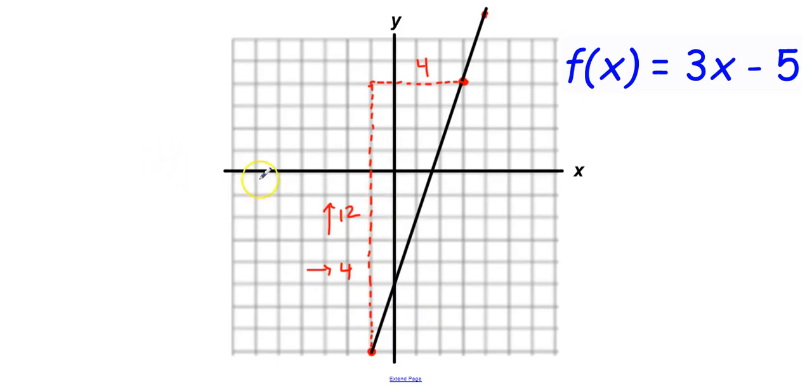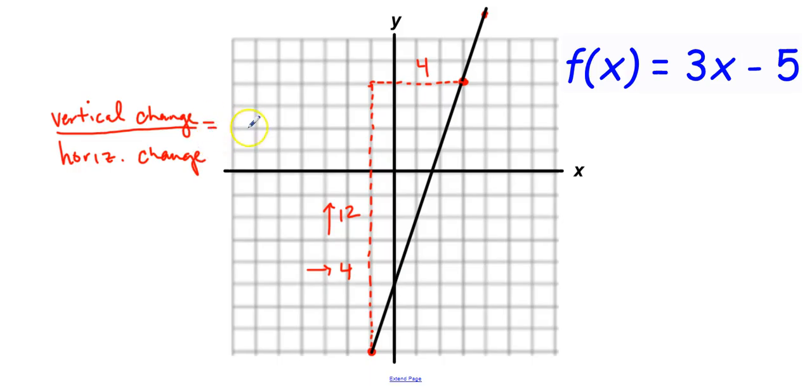And if you remember, if I look at the ratio of how far vertically, the change in the vertical, or what we call the rise, the vertical change, and I write that as a ratio of vertical change to horizontal change, or some of you might recognize it as rise over run, then my ratio looks like this, 12 to 4, and we know that we can simplify this. 12 divided by 4 is just 3.